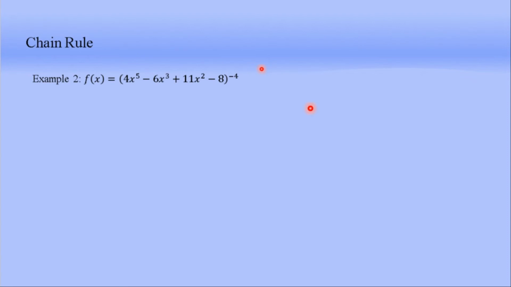So what we're going to do is utilize the power rule for negative integer powers. That's the formula for the other chain rule, in case you forgot.